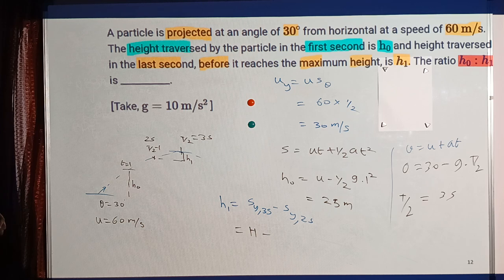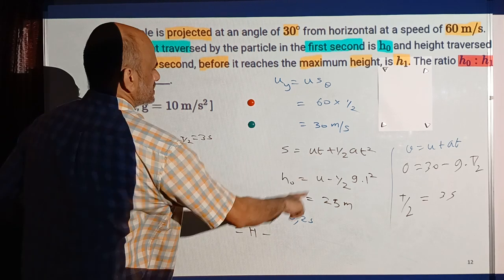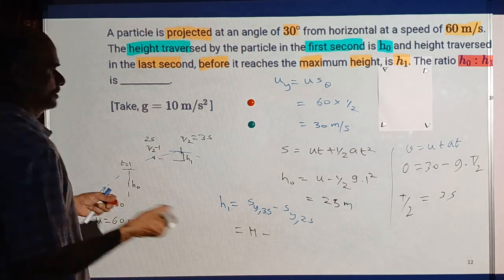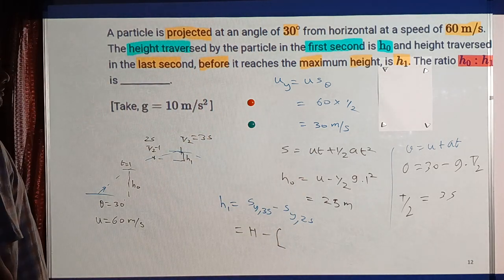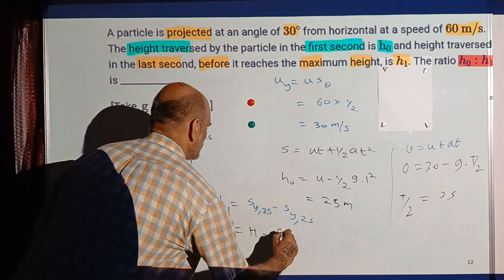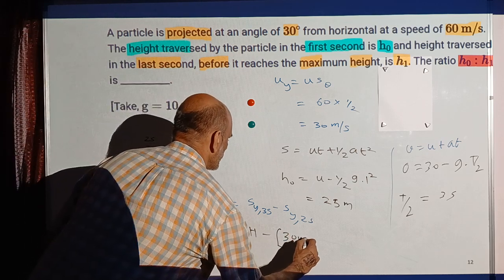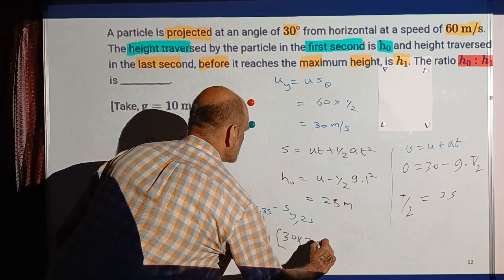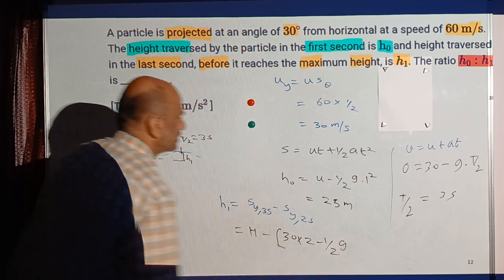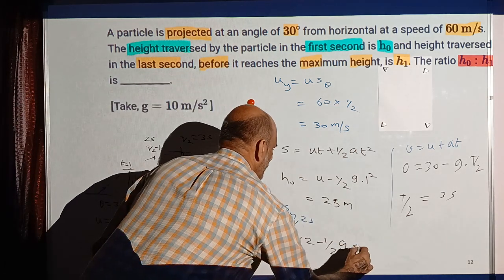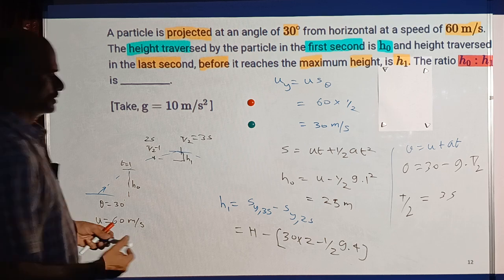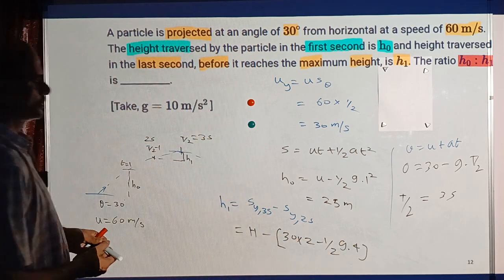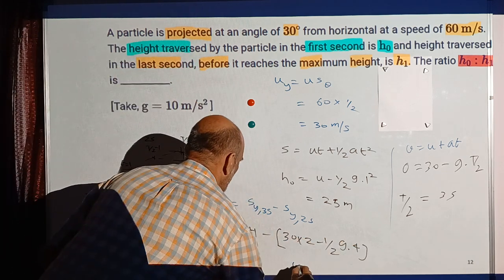That you can get from the same thing, you have to put 2. U is 30 into 2 minus half g, t square is 4. So this is 20.